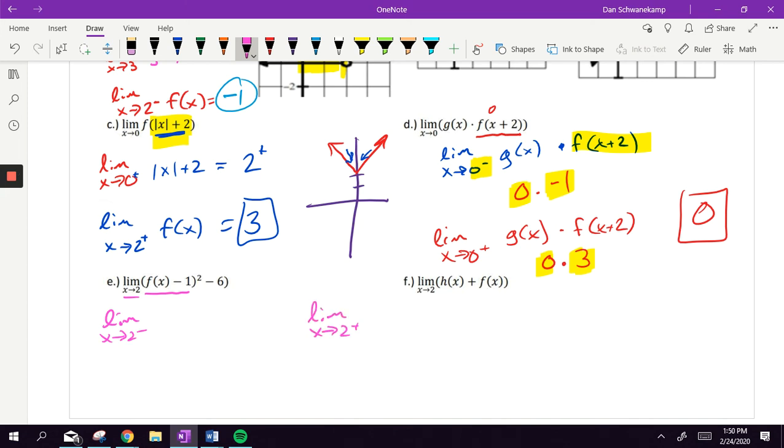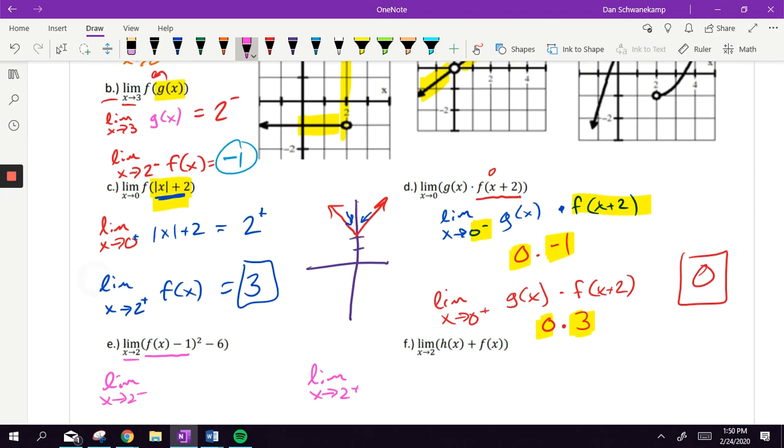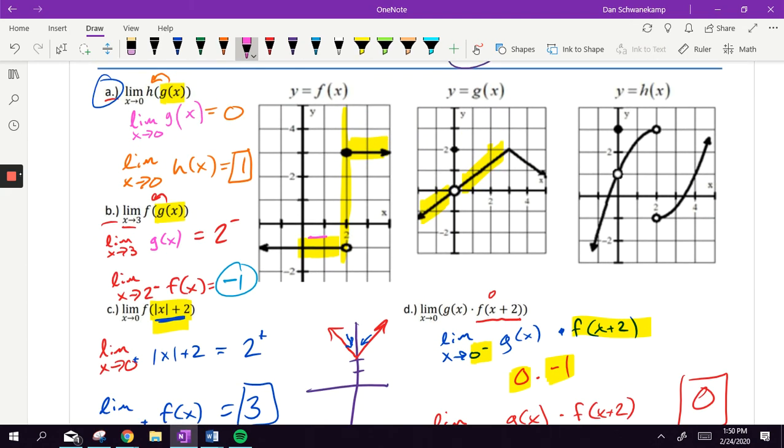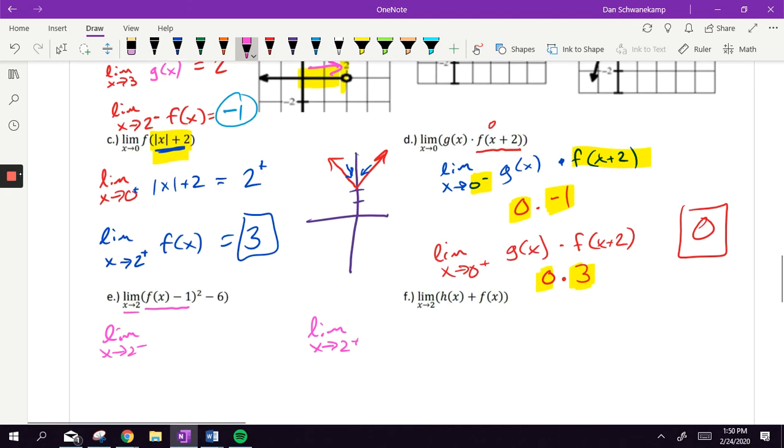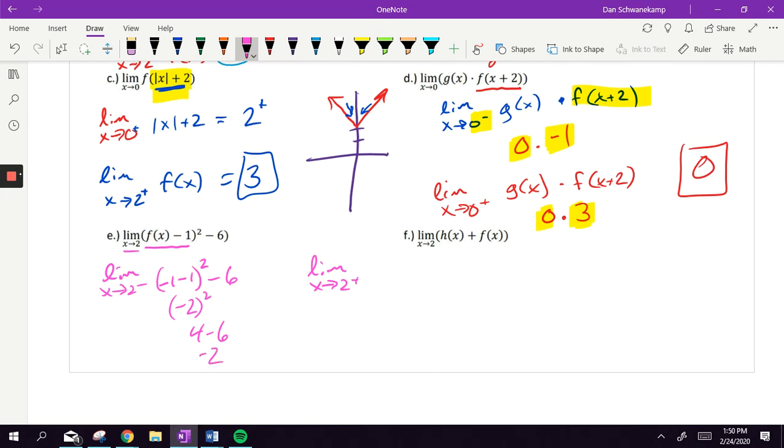If I do f of 2 from the left, that's negative 1 minus 1 squared minus 6. Negative 1 minus 1 is negative 2. Squared is 4 minus 6. That's negative 2. In order for this to work, the other one has to get me the same thing.